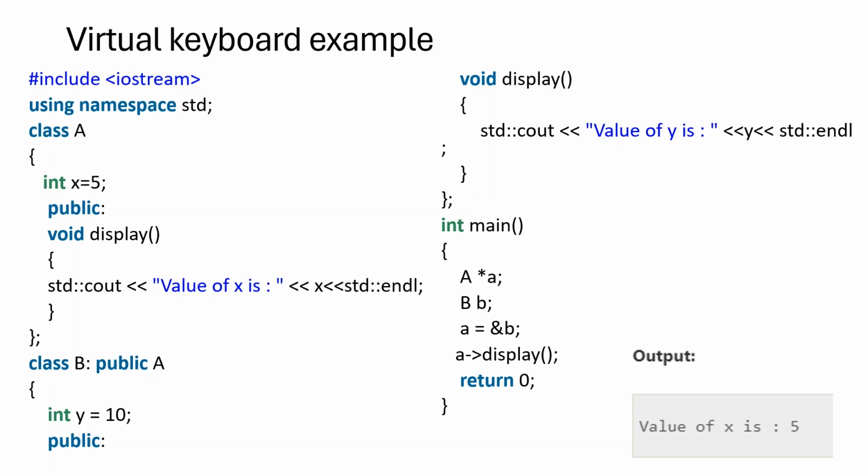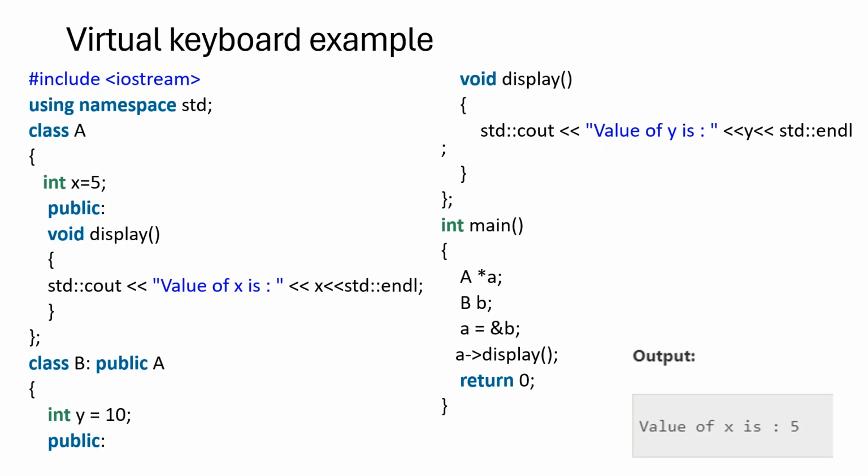After that, in the main function, for the class A we create the base class pointer. In this example, star A is the base class pointer. The pointer can only access the base class members, but not the members of the derived class.